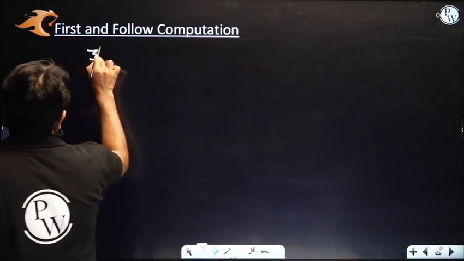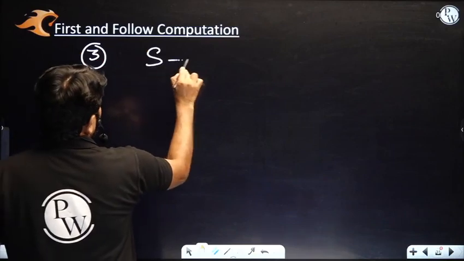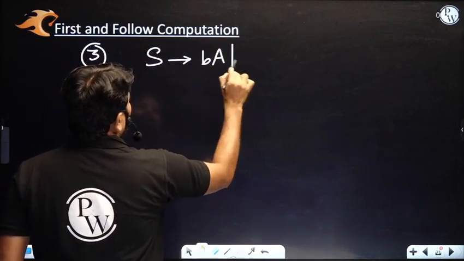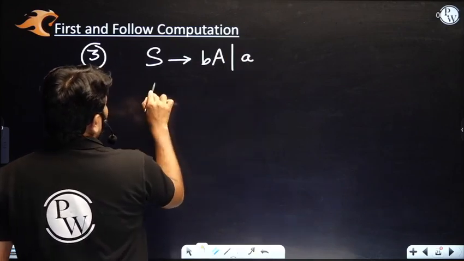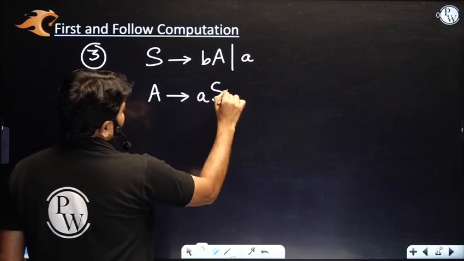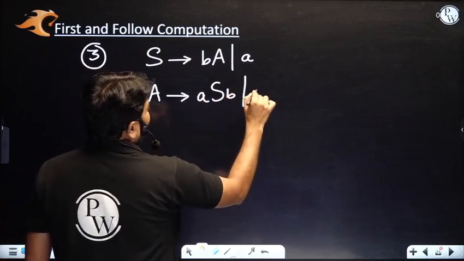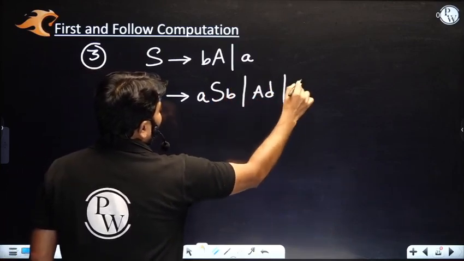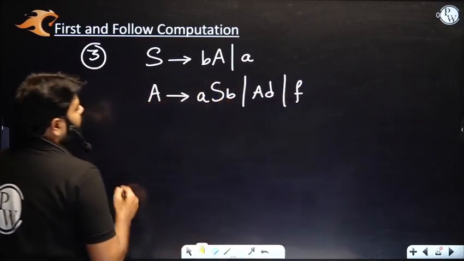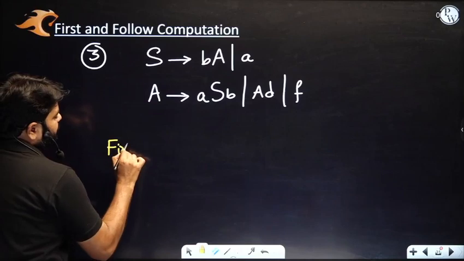Third example. S derives BA or A, and A derives ASB or AD or F, something like that. Now, what is the first of S?